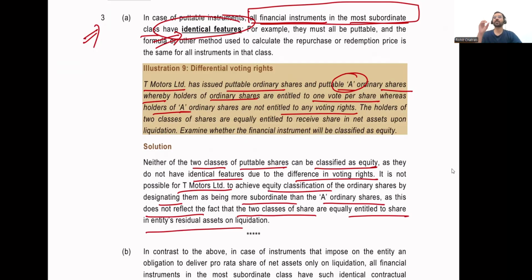The share of net assets is the same for both classes, so just because they have less voting right, we cannot say that class A shares are inferior and therefore normal class should be classified as equity. We cannot do such a bifurcation since both are entitled to an equal share in net assets and both are subordinate to other classes of instruments. We have to evaluate whether both have the same features or not, and because they don't, we will be classifying it as a liability.